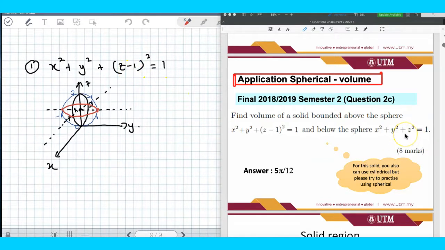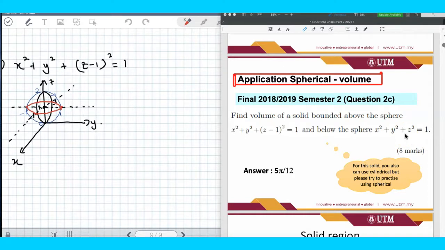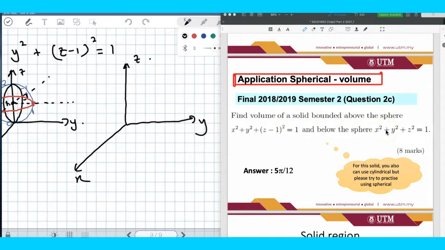And the other one is x, y, and z. Since this is a regular sphere, the center is at 0, 0, 0, so for the sketch, we have 1 on the floor, and this is 1, and this is minus 1.